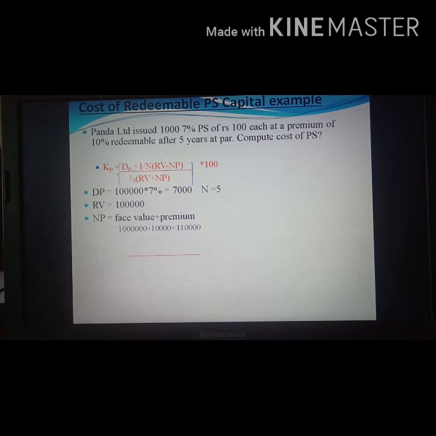So 1 lakh plus 10,000 is equal to 1 lakh 10,000 rupees, the net proceeds value.